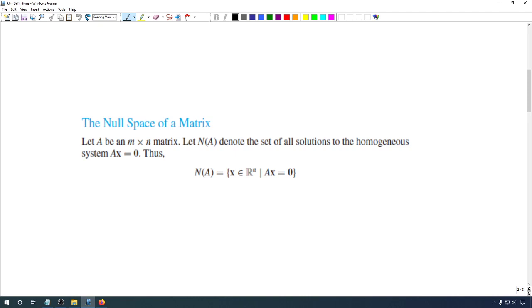We saw this back in 3.2. It's simply all the vectors that, if you multiply that vector by that matrix, you get the zero vector. And we proved that this is actually a subspace of Rn. This will be relevant to some of the things we're going to talk about today, but we're not going to focus specifically on this one.